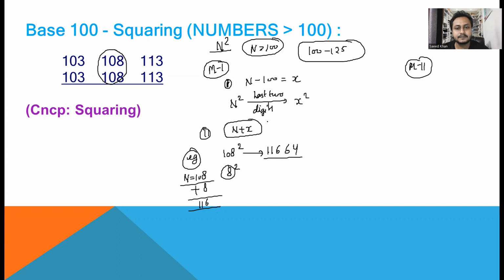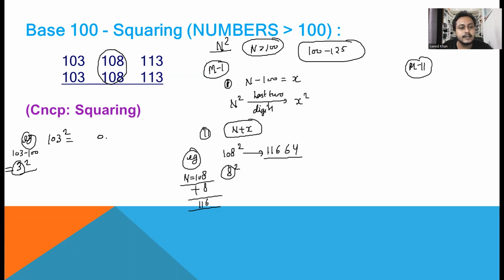So similarly, you can find the square of, let's say, 103. What is 103 square? First we'll see the number is 103, and how much more than 100 it is. 103 is 3 more than 100. So the last two digits of 103 square should be the same as 3 square.